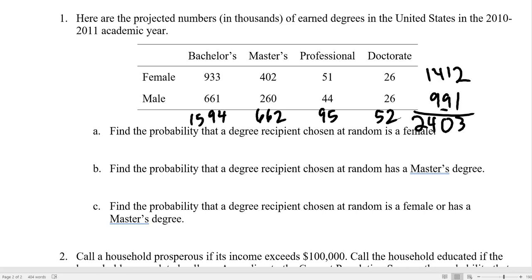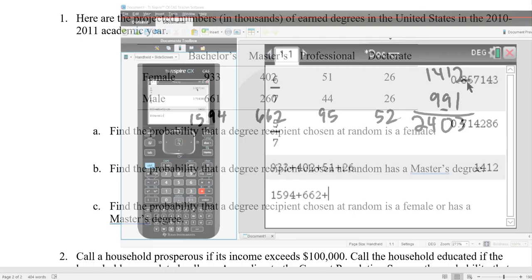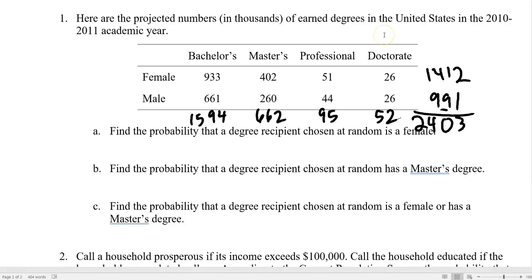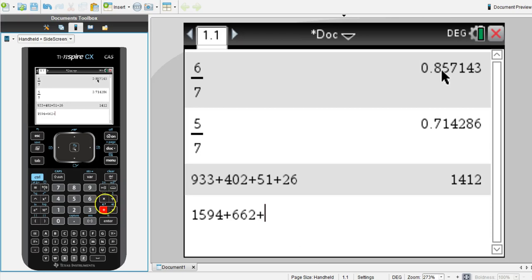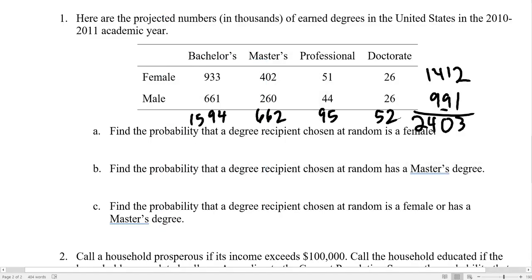Let me just double check. 1594, 662, plus about 95 and 52. And this should be our total, 2403. I'm feeling good about this.